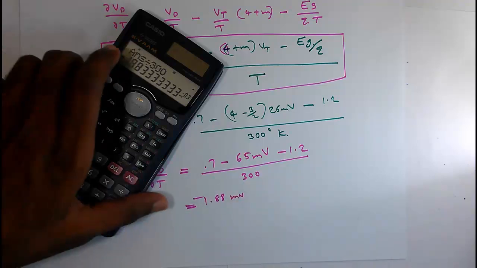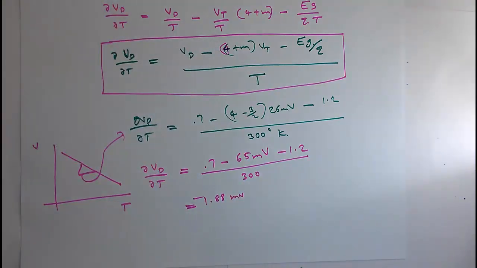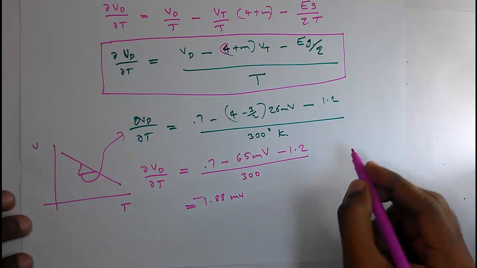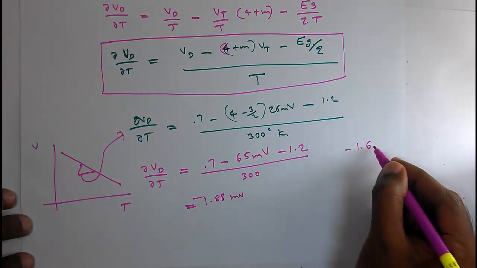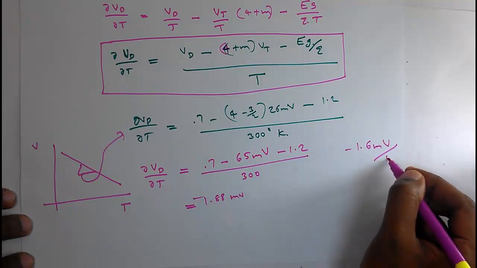So the slope is showing as minus 1.88 millivolt. But in the beginning we said the slope is minus 1.6 millivolt per degree Kelvin.